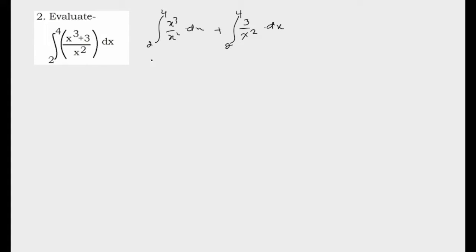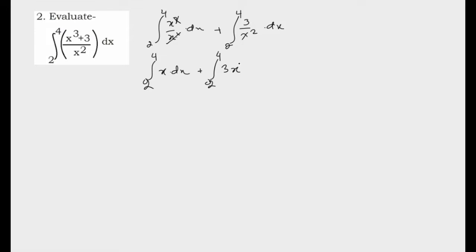Now we can integrate them. The x squared and x cubed cancel, and we are left with only x dx, from 2 to 4.